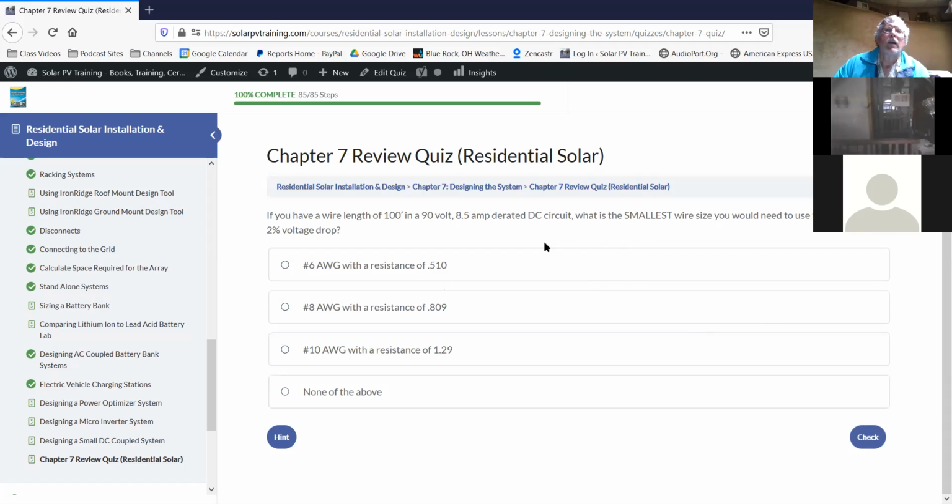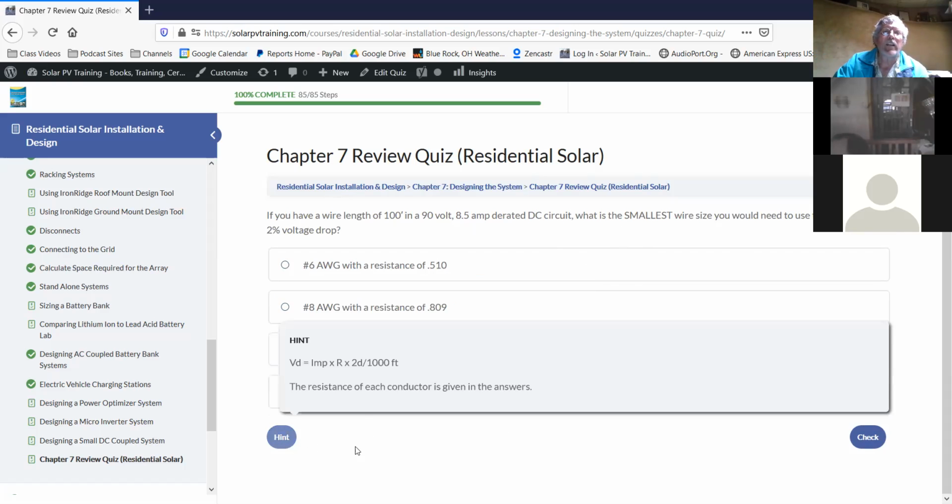1741. If you have a wire length of 100 feet in a 90 volt, 8.5 amp derated circuit, what is the smallest wire size you need to get less than a 2% voltage drop? And in this particular question, in case you haven't noticed, you can click on some of these questions and find that there's a hint.